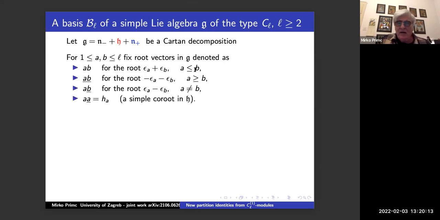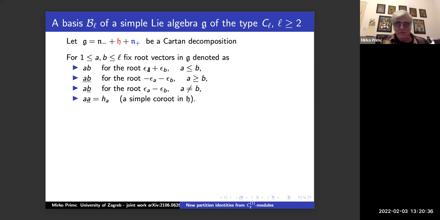And then looking at the root system, we will mimic denoting the basis. So for parameters numbers A and B in between 1 and L, we fix root vectors in G denoted as AB.